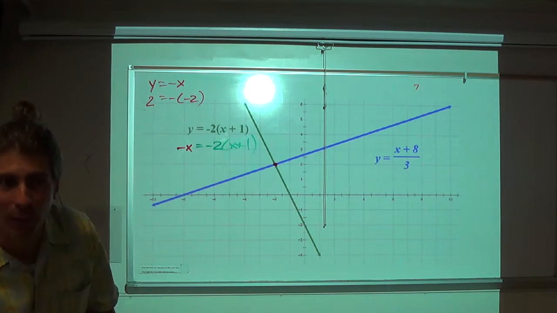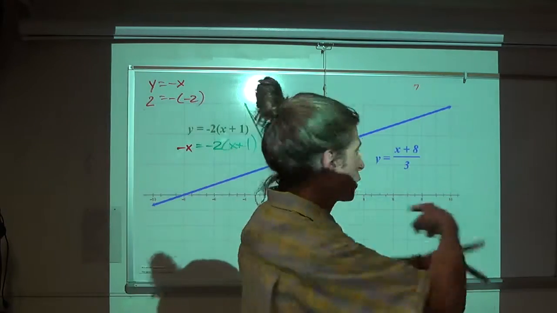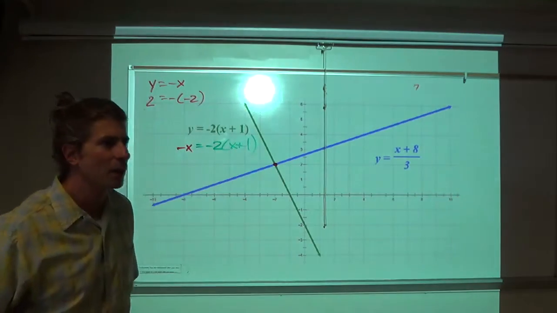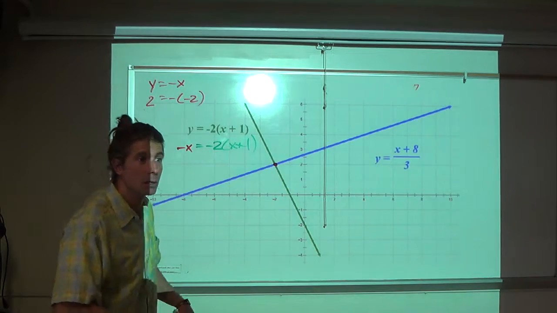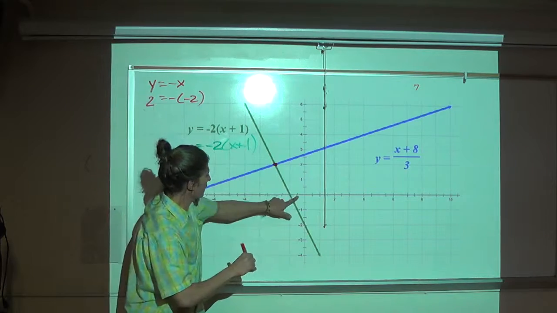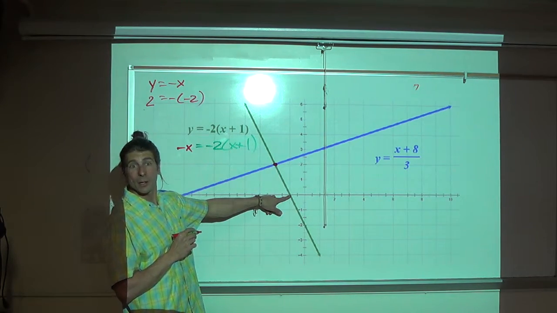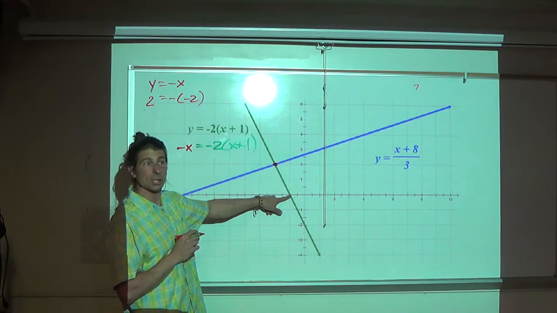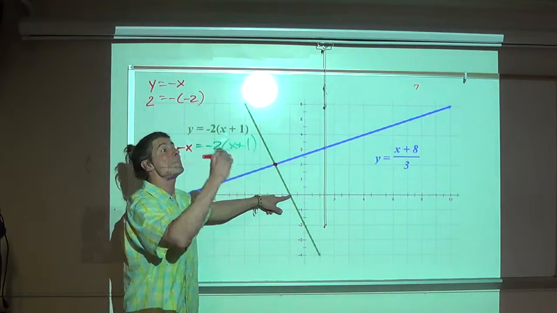Find me another point on the line. Actually, better yet, give me any x value that you can visibly see on the graph here. Give me any x value. Negative 1, I think I heard. Negative 1. What would the y value be? If x were equal to negative 1, the y value would be equal to positive 1.